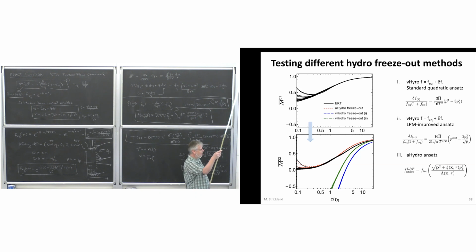These are all the same. Then you can look at higher order moments and ask how well these different forms predict the time evolution of the other ones. And you find that there's a ranking. Blue is the quadratic one, green is the LPM improved one, and red is A-hydro.